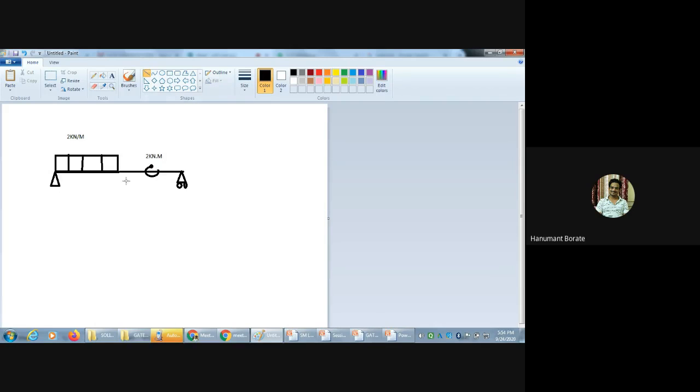Okay, this is the roller support. Now, if we solve the equations, I will directly draw the SF diagram.